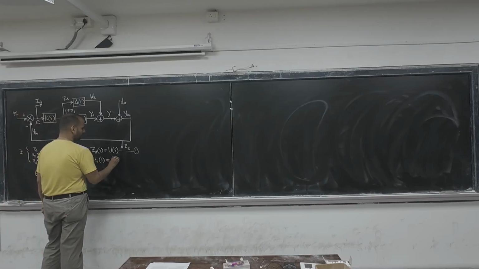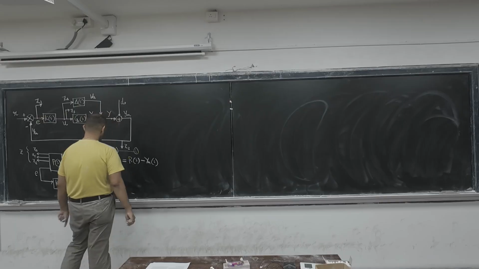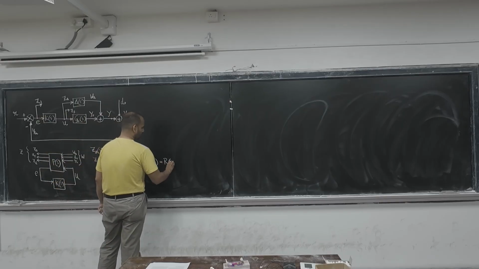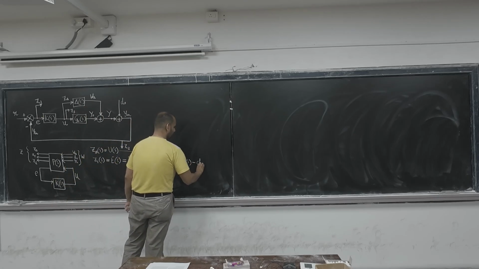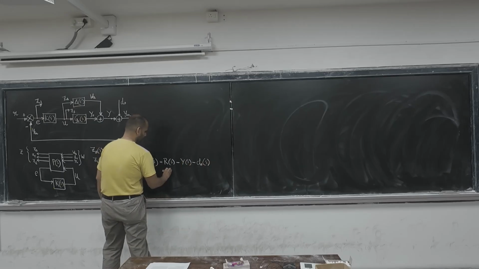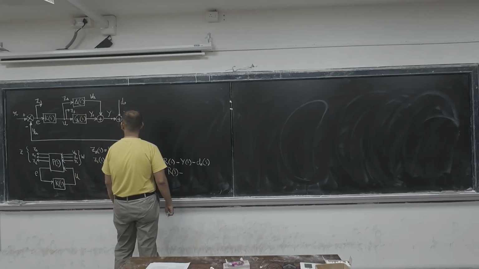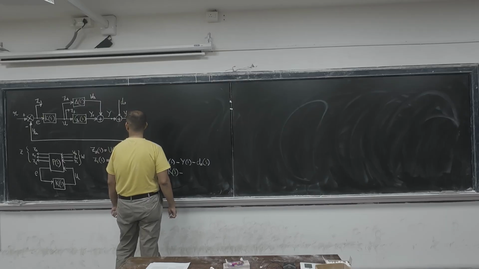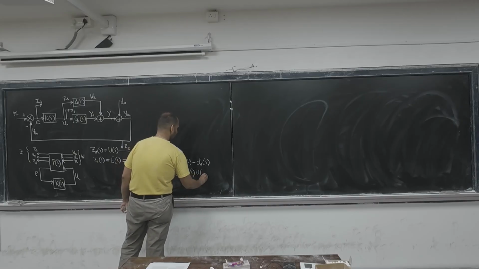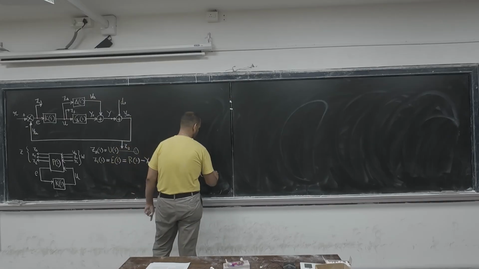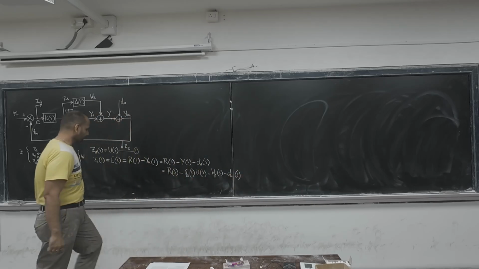Z1 of S equals E of S, which is R of S minus Ym of S. R of S minus Ym of S means R of S minus Y of S minus D0 of S, and then again Y of S means Y0 plus W delta, so it would be G0 of S into U of S minus W delta of S minus D naught of S, right?